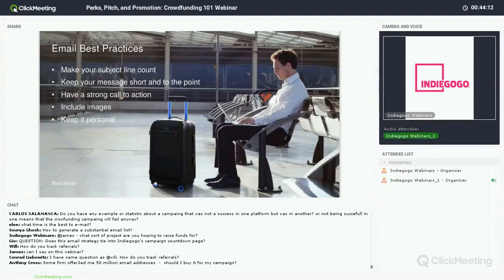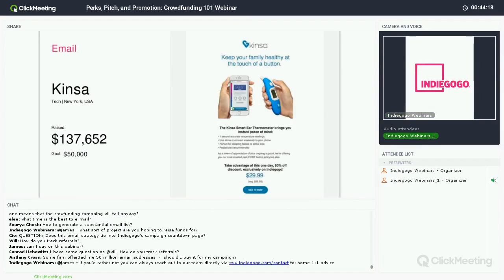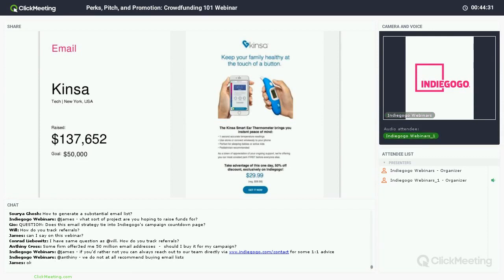And so I'm going to next show you an example of an email that worked very, very well and tell you why. So the Kinza campaign was a successful tech campaign, and this was what the email looked like that they sent out to their big email list. It just contained their logo on the top, a little tagline, keep your family healthy at the touch of a button.